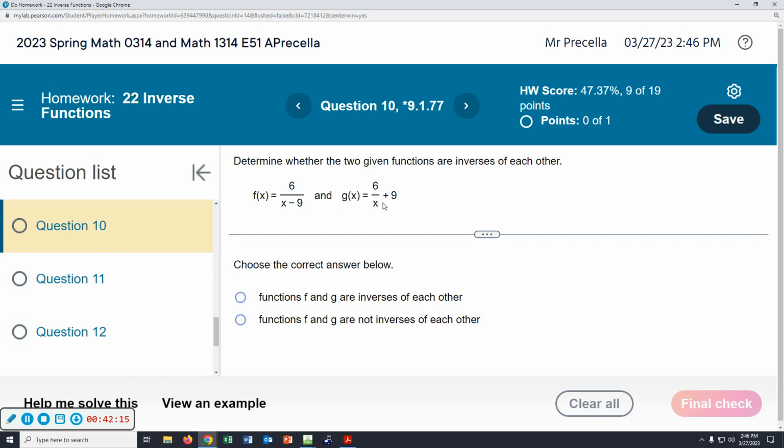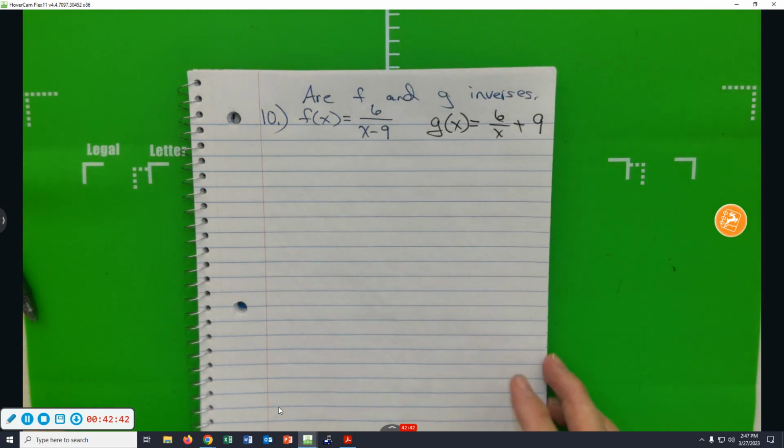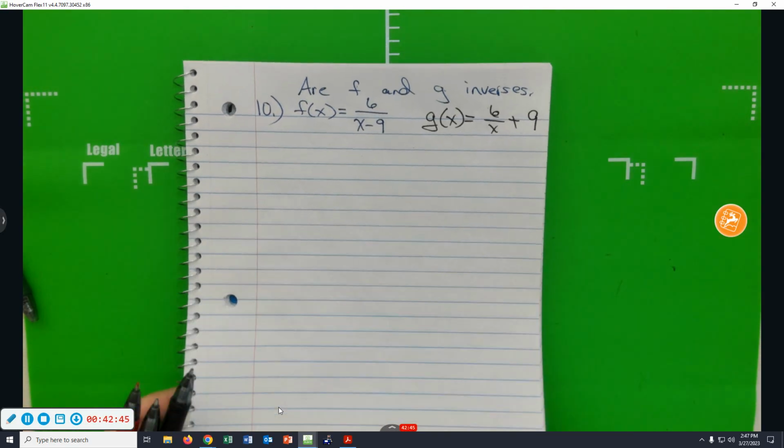So f of x is 6 over x minus 9, and g of x is 6 over x plus 9. Okay. Are f and g inverses?